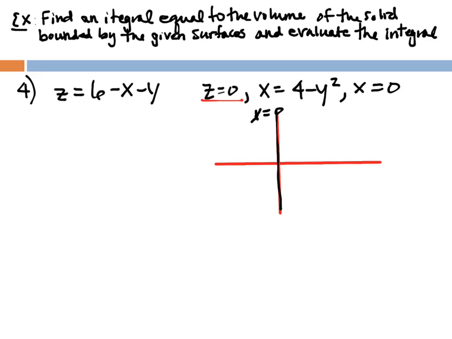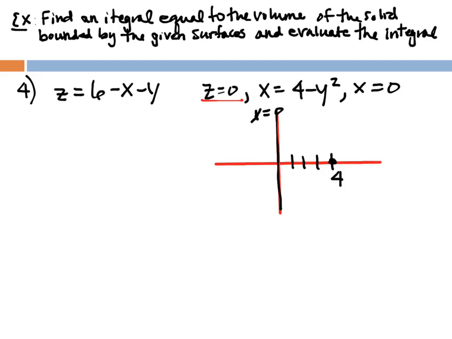What's its vertex going to be? Say it, Taylor. 4. 4 on the x-axis. Good job. All right, so we're going to go over here to 4 on the x-axis. And we're going to draw the vertex, and we're going to open the parabola opening leftward. What are its y-intercepts going to be?